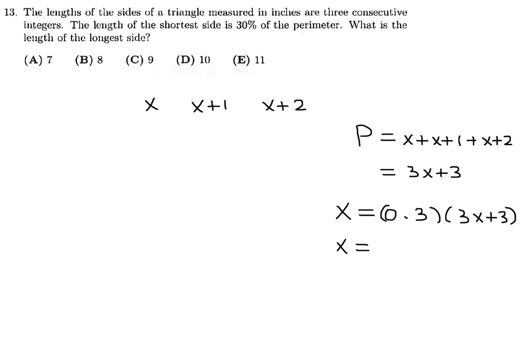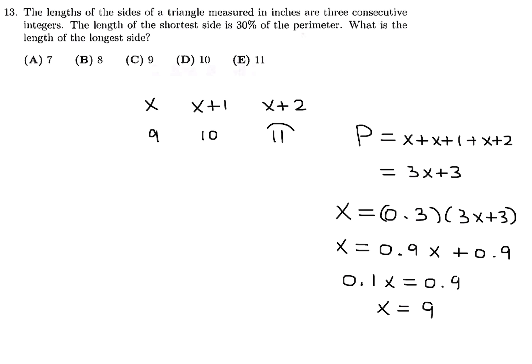So we got x is equal to 0.9x plus 0.9, and that means 0.1x is equal to 0.9, and therefore x is equal to 9. So this is 9, this is 10, and this is 11. So the length of the longest side is 11. So number 13, the answer is E.